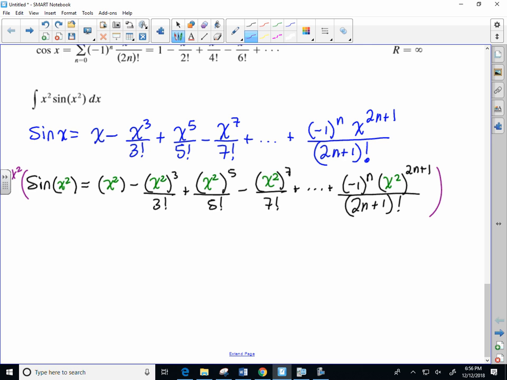All right, so x squared sine of x squared would be x to the 4th minus the x to the, I think it would be x to the 8th. Because the 2 times 3 will give you a 6, and then you're adding another 2.